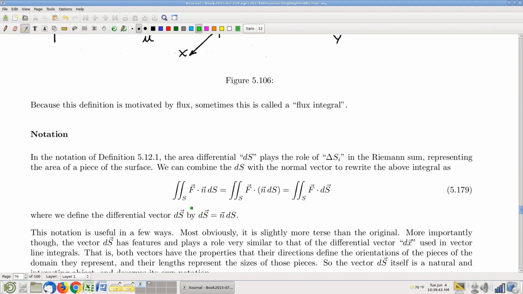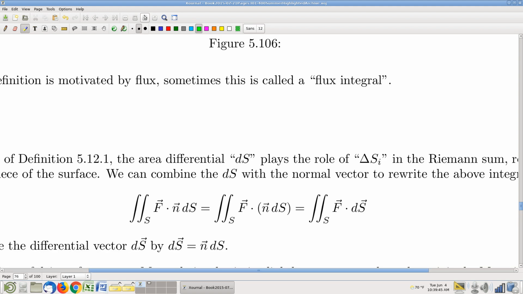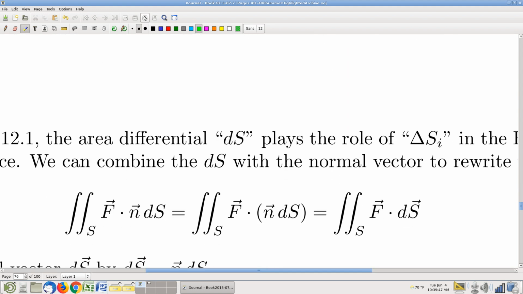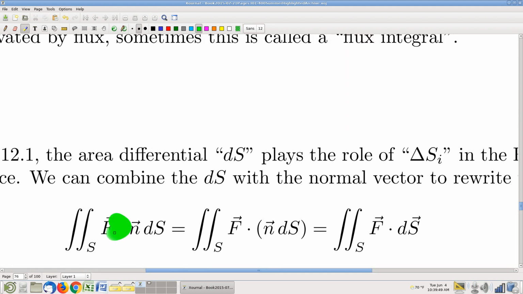I've already made the complaint that if you look at this here, not everything that I have highlighted there is really to be thought of as integrand. If you get right down to it, this thing here is telling you about the domain. It's telling you the orientation on a little piece of the domain on which we're doing some calculation.